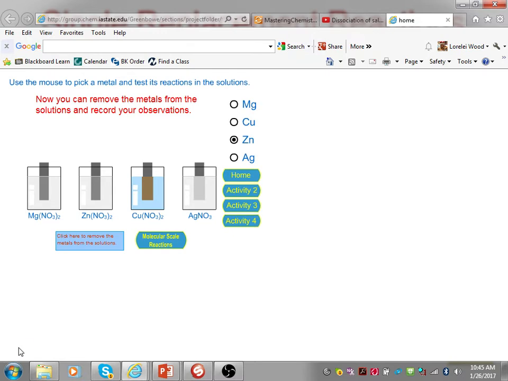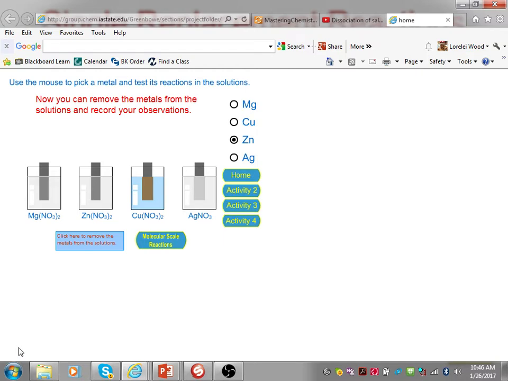The copper ions. There's a coppery colored coating on the zinc. What do you suppose that coppery colored coating on the zinc is? Copper, all right. So I would say there was a replacement reaction that went on there, right? We'll talk about that in just a minute. And the last container, the color of the solution didn't change, but what did change about the solution?